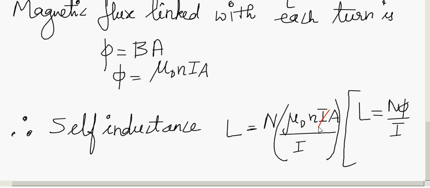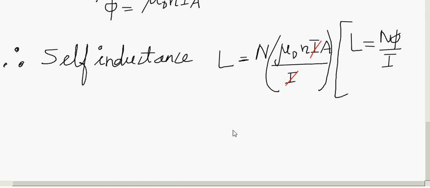Now here I will cancel and we get L is equal to mu naught n into N into A. Now we will replace small n by number of turns and the length of the solenoid, because we always have to write the answer in terms of the given quantities.